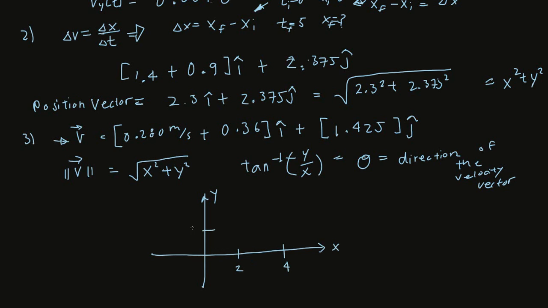Actually, I want to make this 2 and 4 so we can be consistent. Oh, I shouldn't have done that, I'm so silly. This is not a good choice, actually. So let's say this is 0, this is 1, 2. There you go.